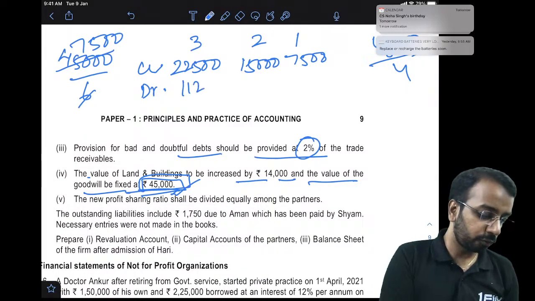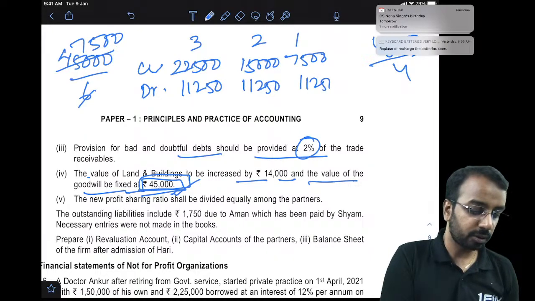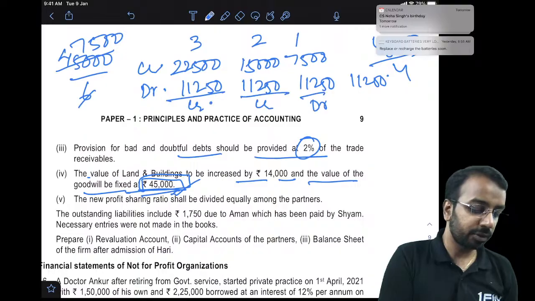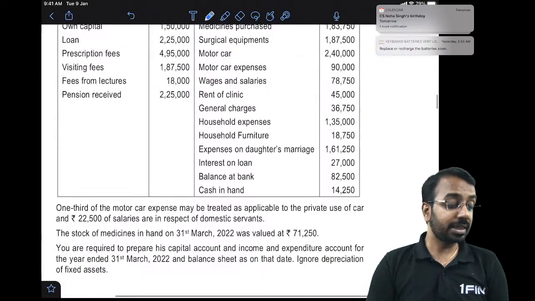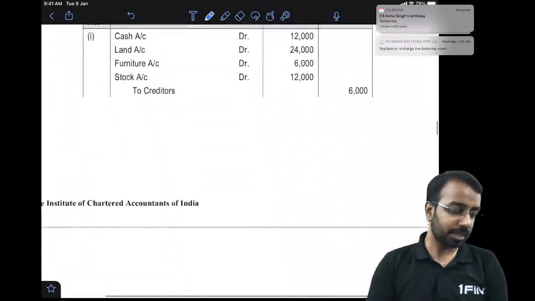So 11,250 debit, 11,250 debit, 11,250 debit, and the new partner 11,250 debit. So the first partner will get a credit, here also credit, this partner will be debit, this partner will be debit. So it may be possible that even the existing partner needs to be debited. Apart from that, all the adjustments are simple and straightforward.